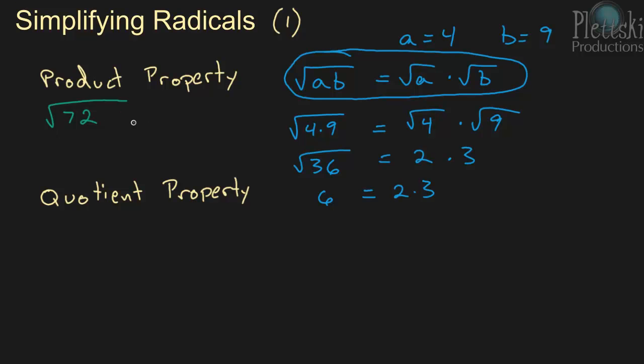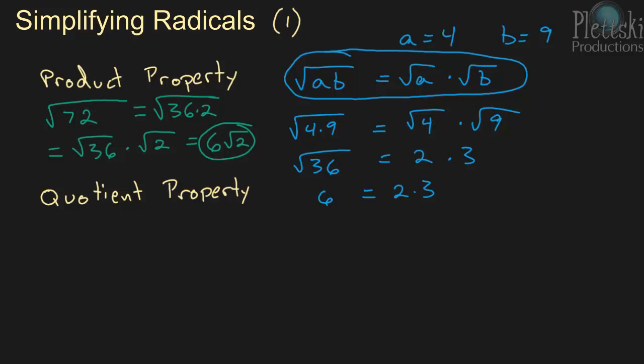I can simplify this by writing it as the square root of 36 times 2, and then rewrite that as the square root of 36 times the square root of 2. Since I already know the square root of 36 is 6, I can write this as 6 times the square root of 2. This is a simpler version of the square root of 72. So the square root of 72 is the same thing as 6 times the square root of 2.